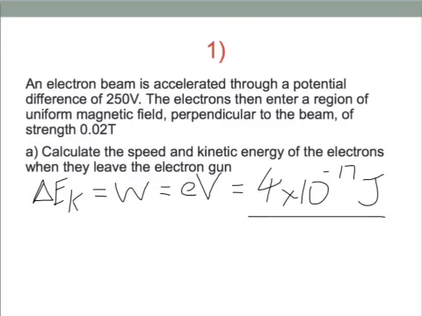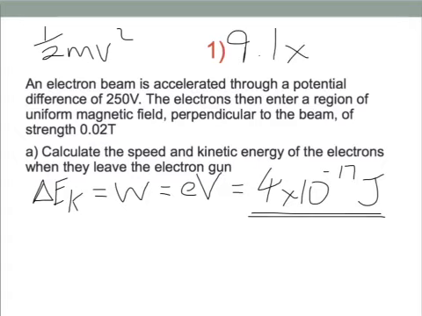And of course we can rearrange the half mv squared formula for kinetic energy and equate this number we just calculated to that and solve for V. We need to know the mass of the electron, which we do. It's given in the data table as 9.1 times 10 to the power of negative 31 kgs.